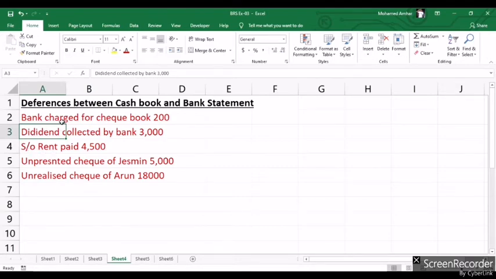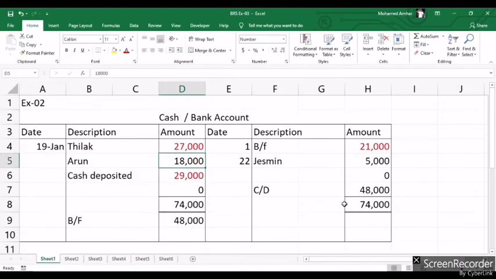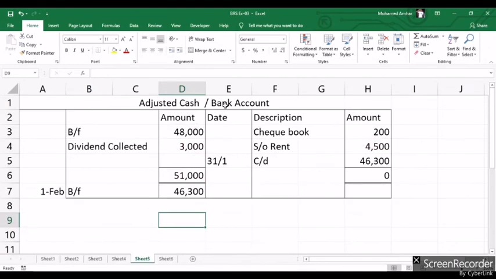Right. Now here see bank charge for checkbook 200. If there is a bank charge of 200 for the checkbook, that should be credited in our cash book. But here we haven't credited that, so you have to adjust the cash book balance. So take this cash book balance to the adjusted cash or bank account.